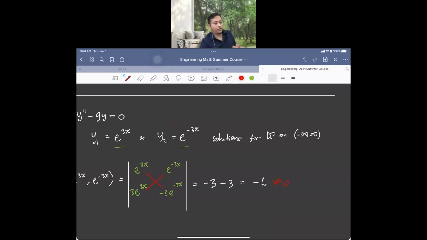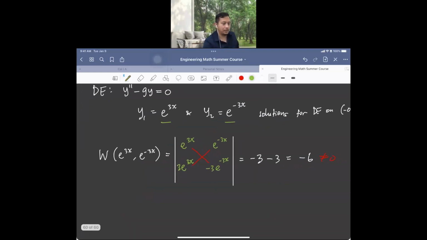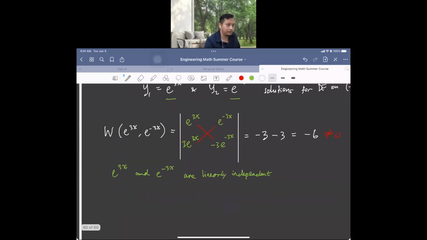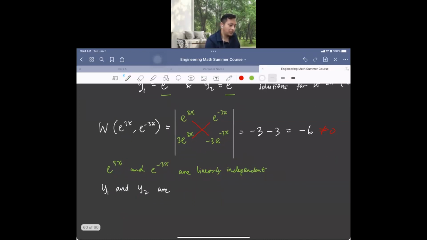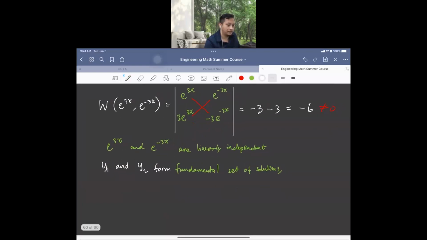So it's minus 6. Of course, this is not equal to 0, so we know that this is linearly independent. So e^(3x) and e^(-3x) are linearly independent. And we conclude that y1 and y2 form a fundamental set of solutions.